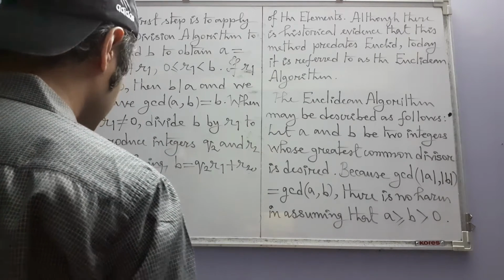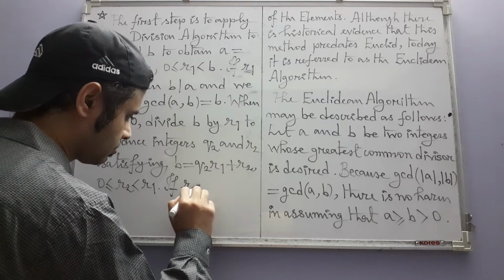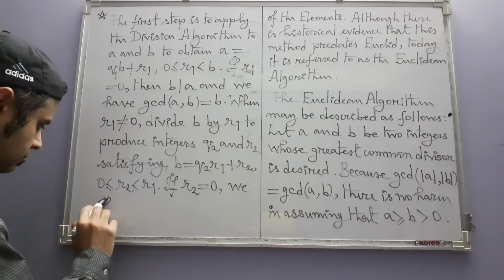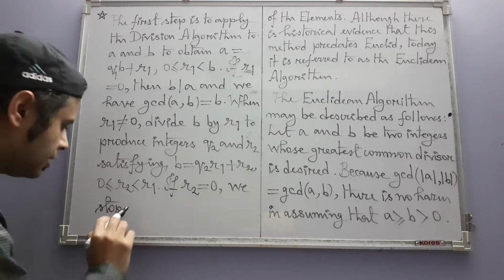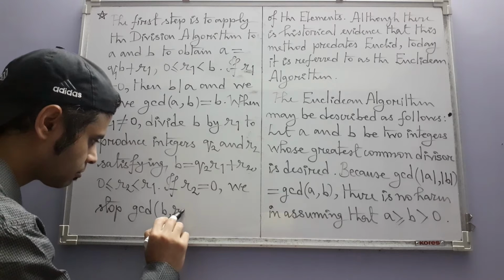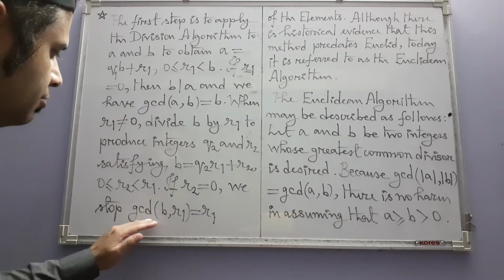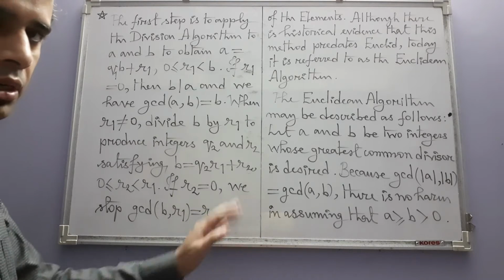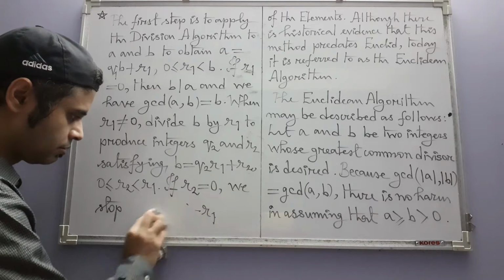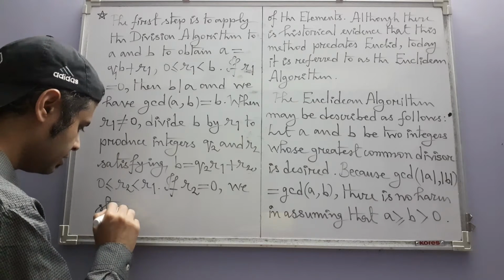If r2 is 0, we stop and we have this thing. But what do we do with this information? We will come to that. Here itself, the author does not write anything about this case. We will see that.